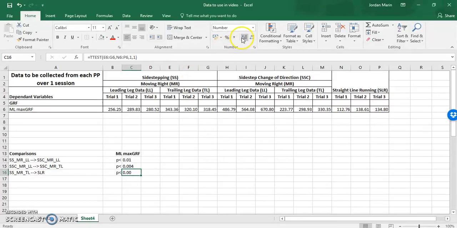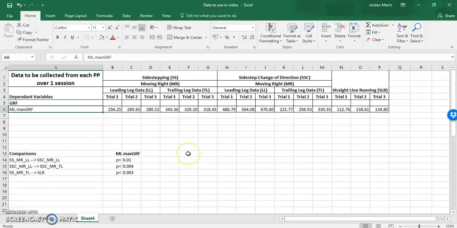And there we go. So I'll quickly explain now what these three p-values actually mean. So if we look at the first comparison, all we've assessed is the difference in maximum ground reaction force applied in the medial lateral directions, that's along the x-axis, between sidestepping and sidestepping change of direction when the participant is moving right and we're collecting data from the leading leg.